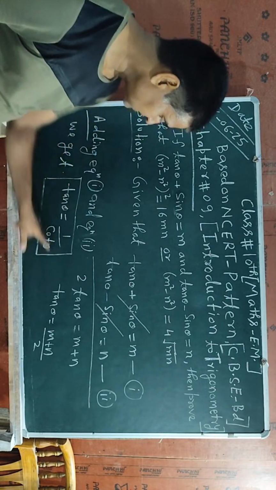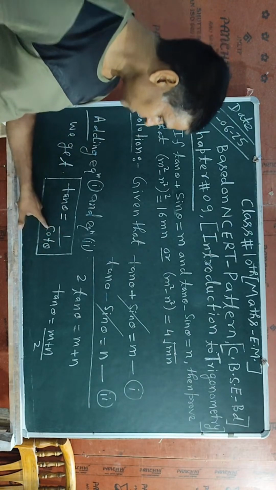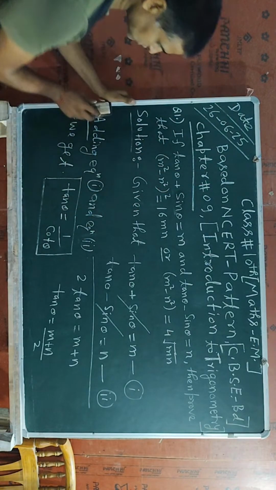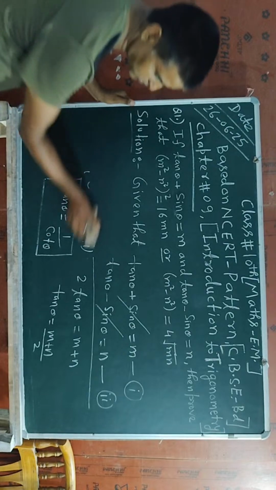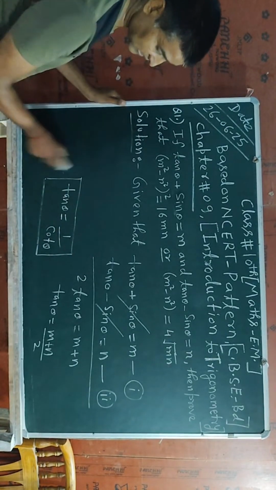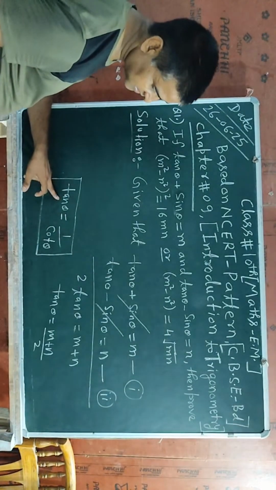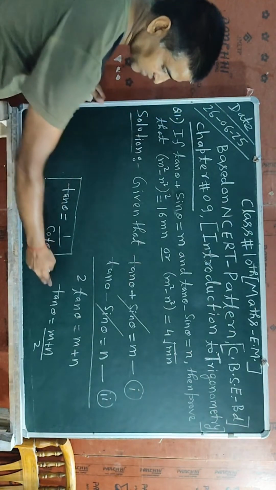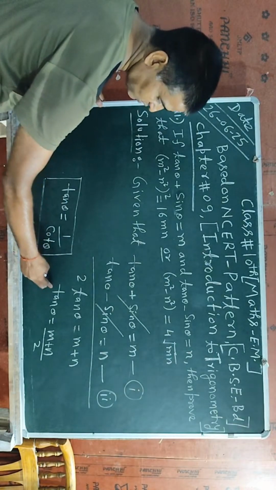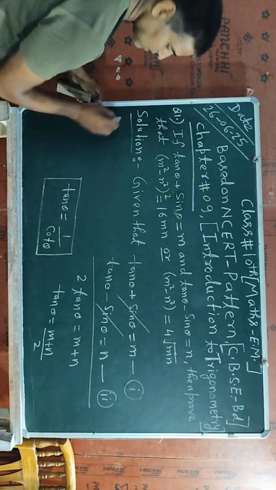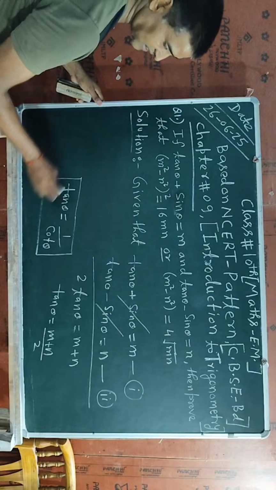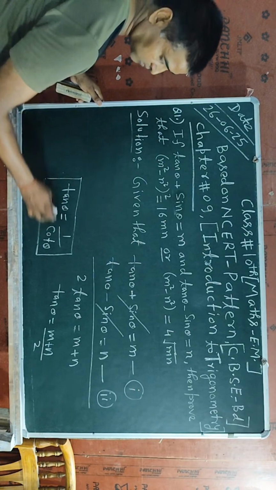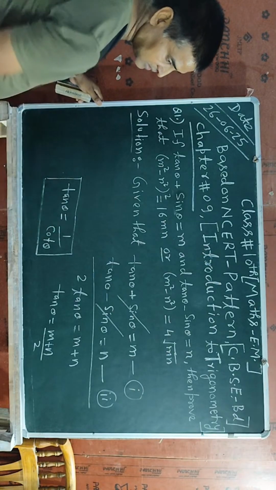Now in the place of tan theta I have to put 1 divided by cos theta. Okay students, so I am going to erase the previous information, and the value of tan theta, which is equal to 1 by cos theta, I will use here. After applying it, I will get the value. Now one statement I can write here, putting the value of tan theta in equation number 3.